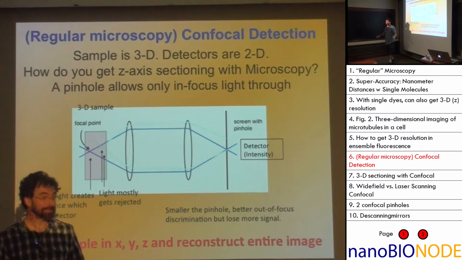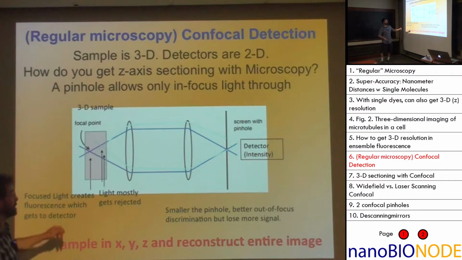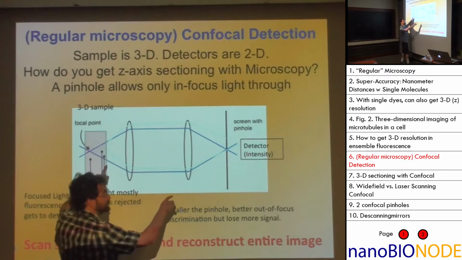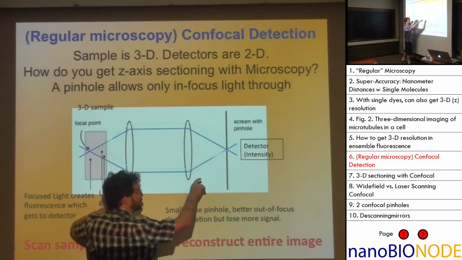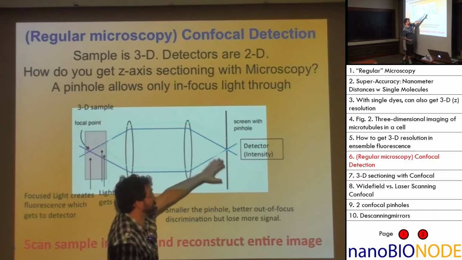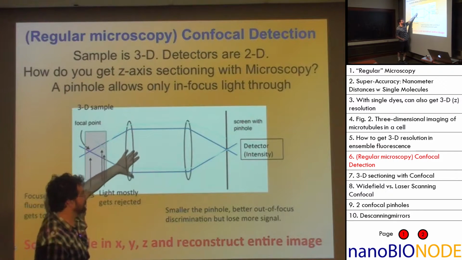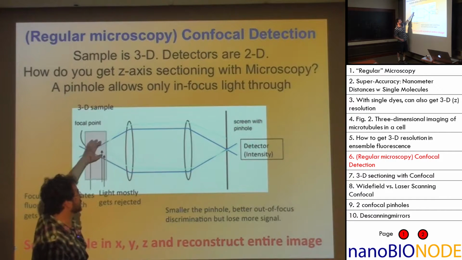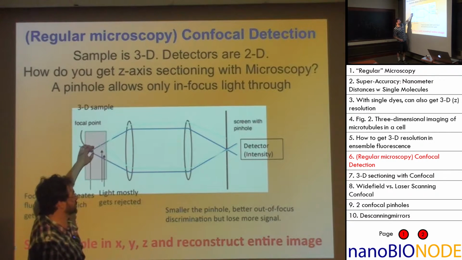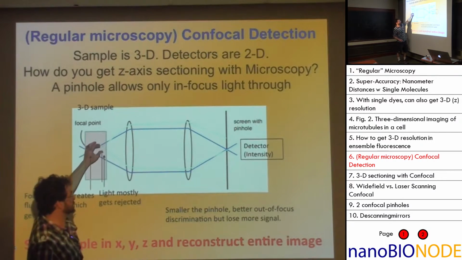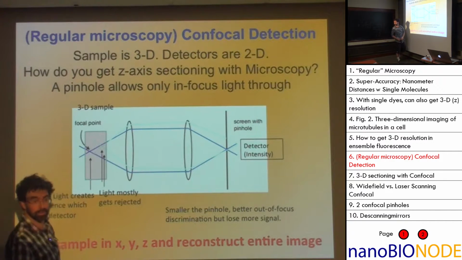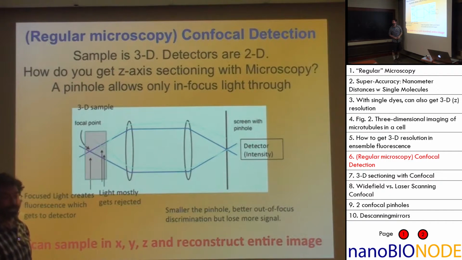And that's true. In this case, you have sort of two pinholes. You have the detection pinhole, and then you have where effectively your pinhole is in terms of exciting your molecule. That's one way of doing it.